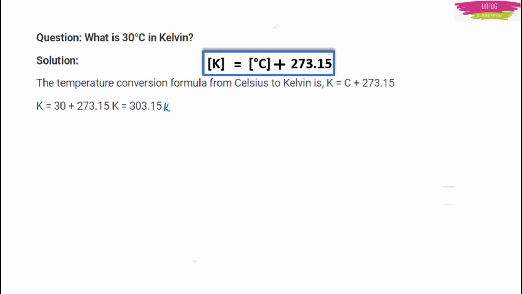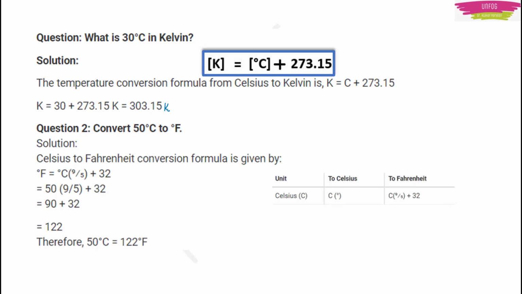Okay. Next question. Convert 50 degrees centigrade to Fahrenheit. If you want to convert 50 degrees centigrade to Fahrenheit, what do you do? You use this formula: C into 9 by 5 plus 32. This will give you the temperature in Fahrenheit. Here you have 50, right? So you have to multiply that 50 with 9 by 5 because this 50 will become C now.